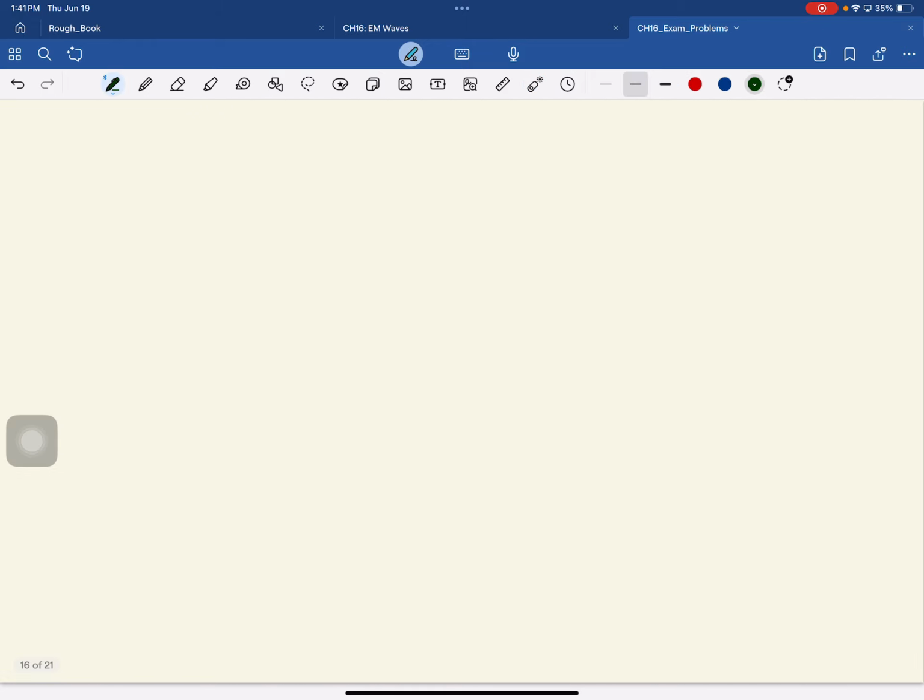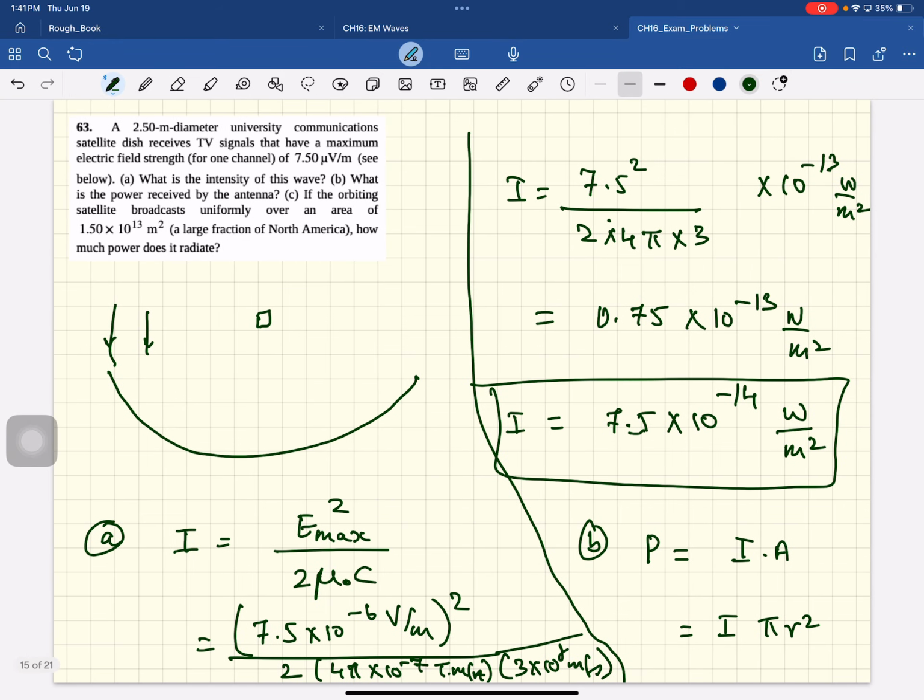So the power is, and 2.5 meters is the diameter. We just found the intensity.